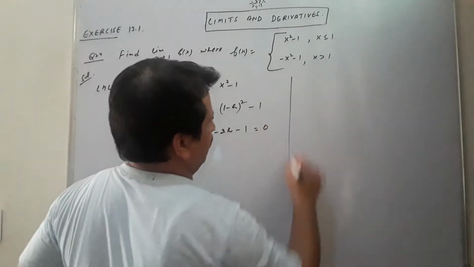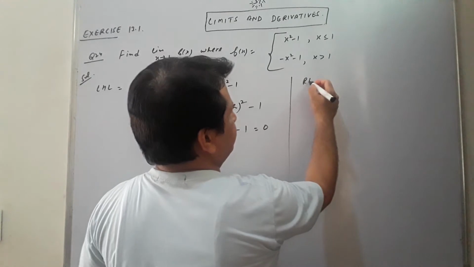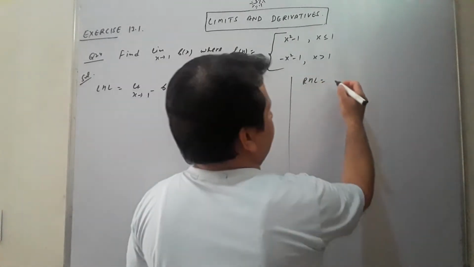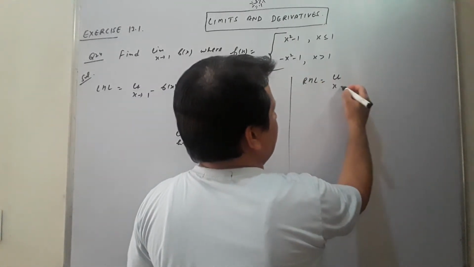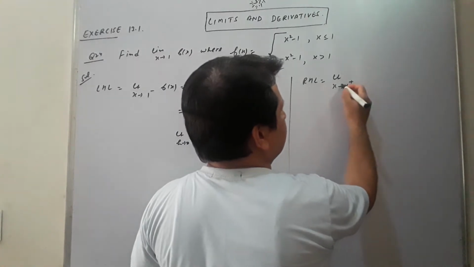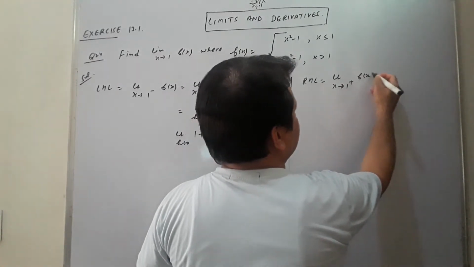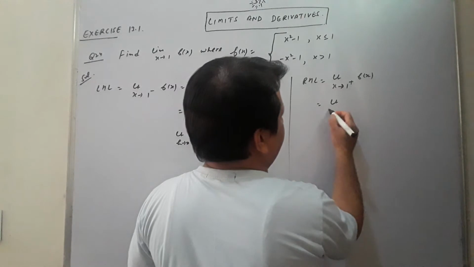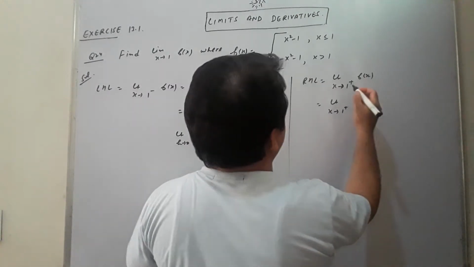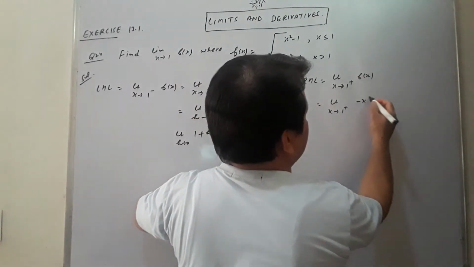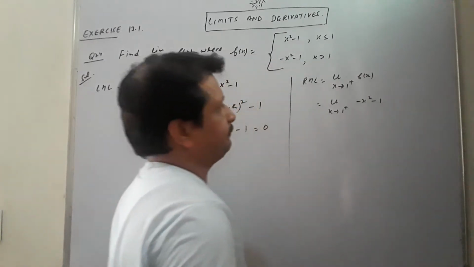Now we will solve the right hand limit here. Right hand limit, this is limit x tends to 1 plus f of x. This is equal to limit x tends to 1 plus, what is the function? That is minus x square minus 1.